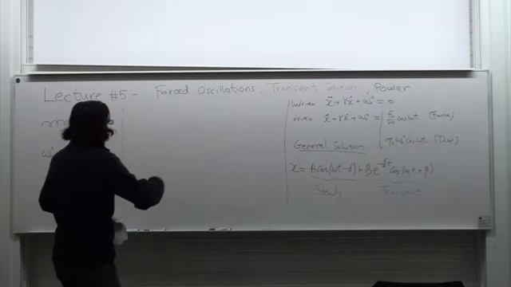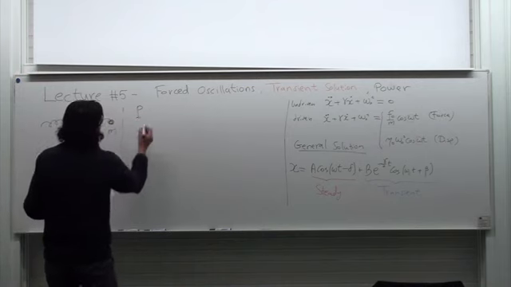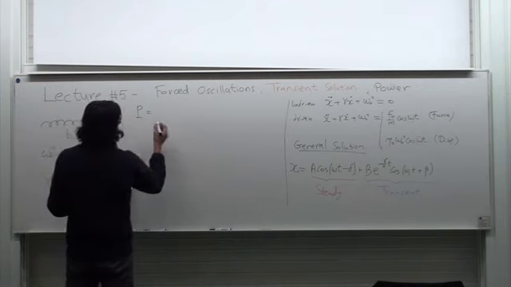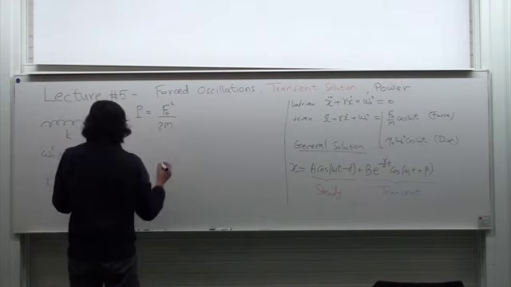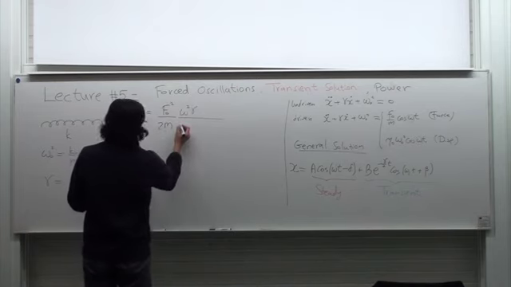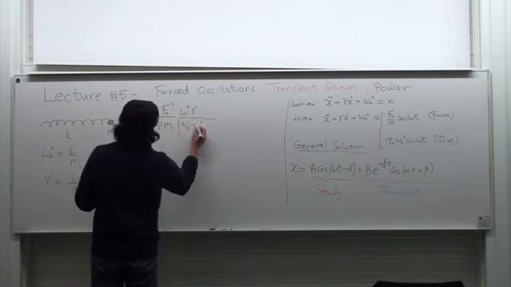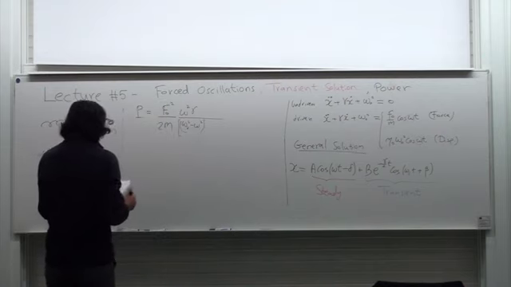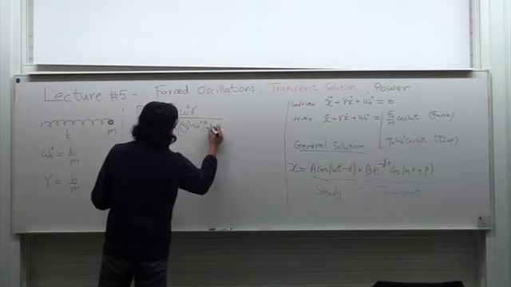And we can finally write P, the average power, as F0 squared divided by 2m omega squared gamma over omega squared minus omega 0 squared minus omega squared, all squared, plus omega gamma squared.